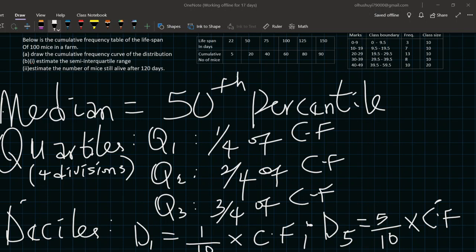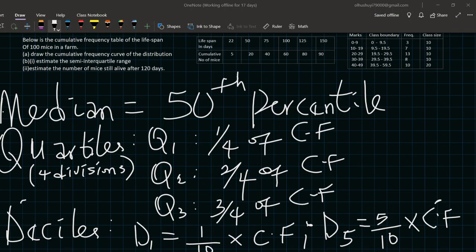Then let's talk about deciles. Deciles means 10 divisions. If you are looking for the second decile, that is 2 over 10 times the cumulative frequency. Fifth decile is 5 over 10 times your cumulative frequency.